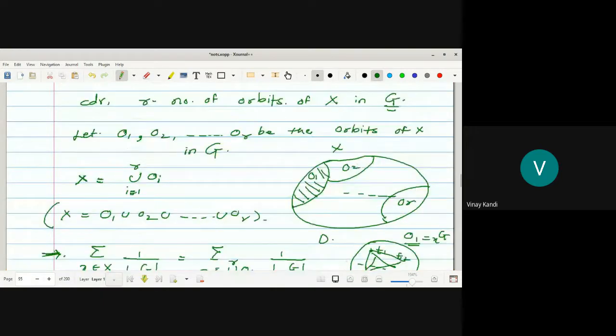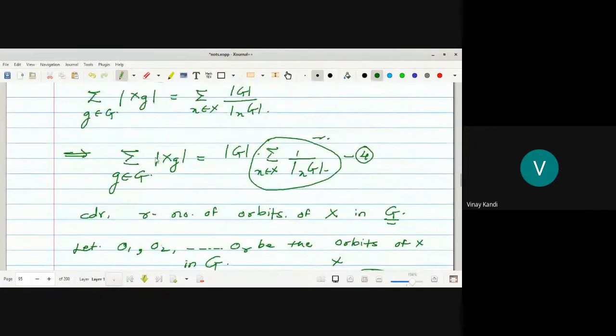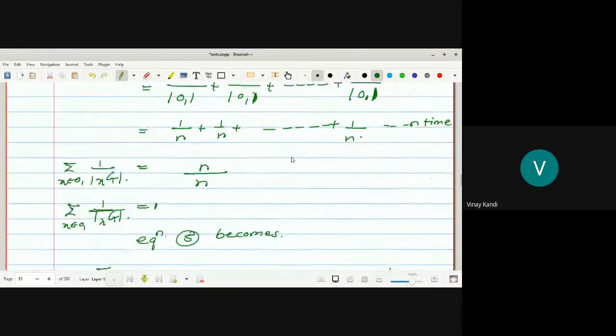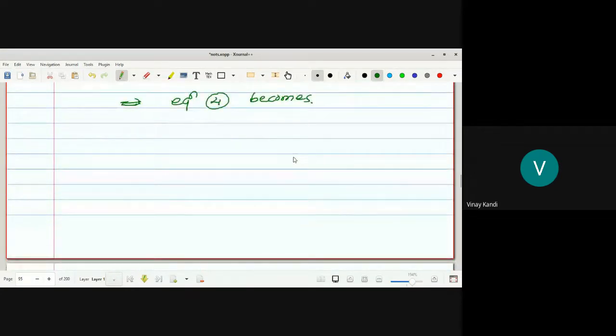And now the equation 4 becomes summation g belongs to capital G, order of xg is equal to capital G, order of f into R. Okay, so summation g belongs to capital G, order of xg is equal to order of G into R, hence proved. Okay, any doubt?